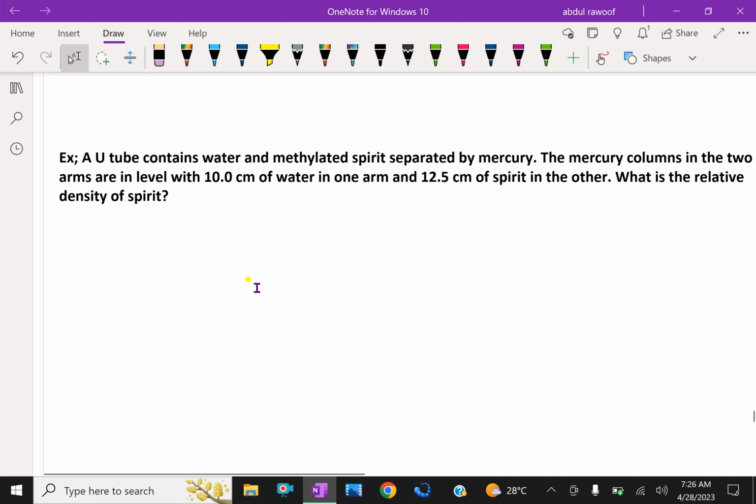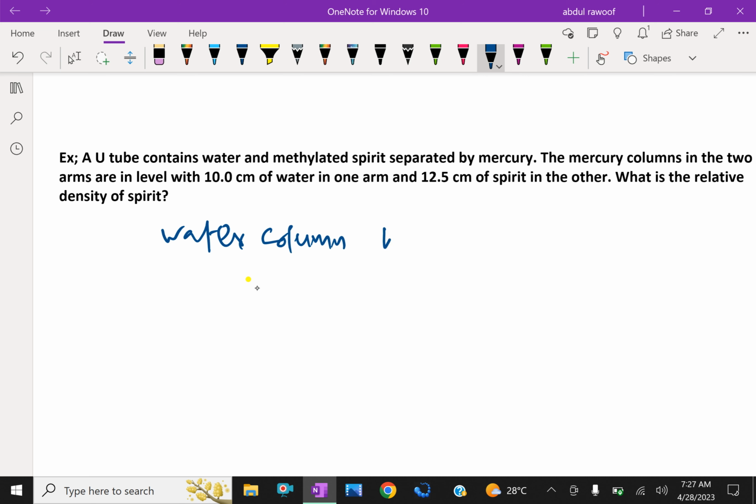Here, first we'll talk about the water column. In the water column, H1 is given as 10 centimeter and the density of water is 1 gram per centimeter cube.